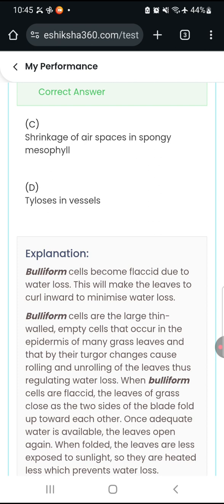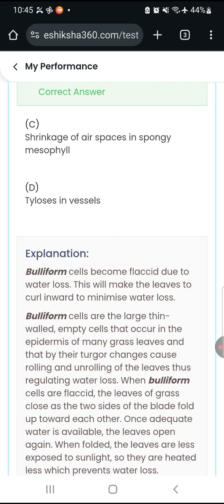Bulliform cells are the large, thin-walled, empty cells that occur in the epidermis of many grass leaves, and that by their turgor changes cause rolling and unrolling of the leaves, thus regulating water loss.